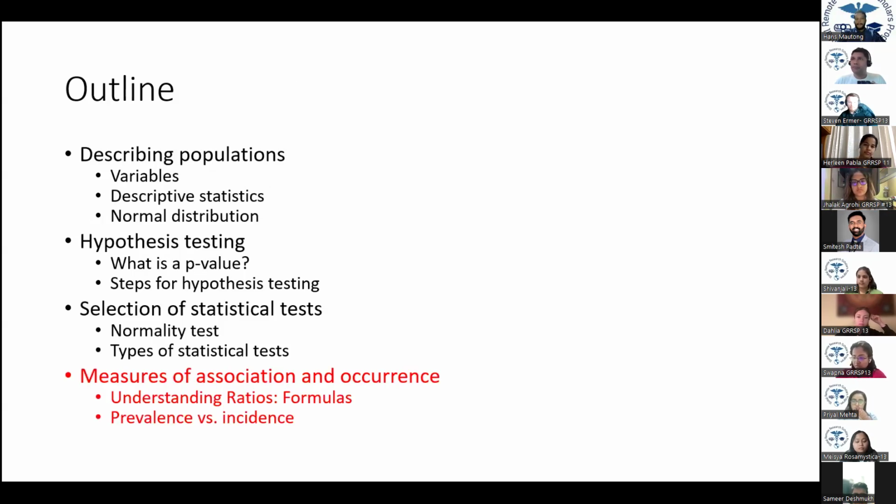The outline for the lecture is basically these three main parts. The one in red I just put there for completeness' sake, but it is more epidemiological, and I don't think we'll have the time to go over that. But if we do, we can certainly talk about those things. The first part is describing populations.